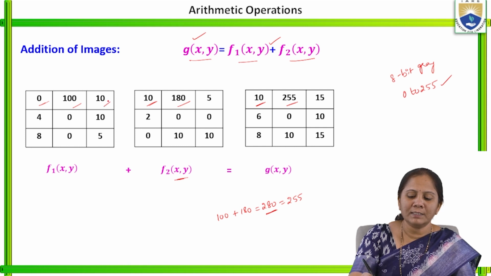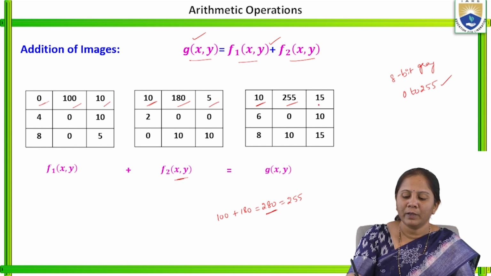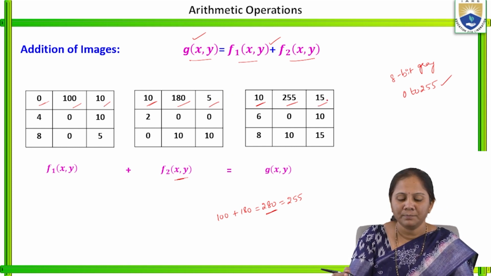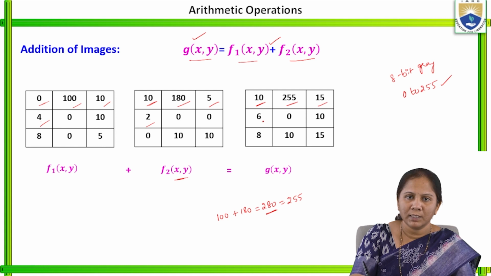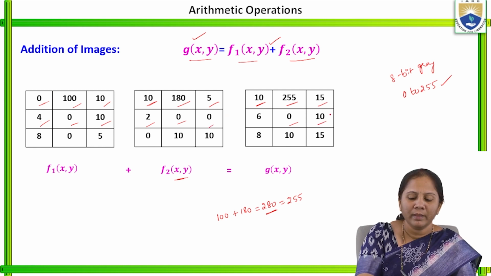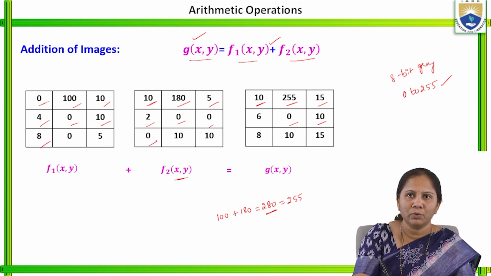The next pixel is 10 plus 5, and we get 15. The next pixel, 4 plus 2, is 6. 0 plus 0 is 0. 10 plus 0 is 10. 8 plus 0 is 8. 0 plus 10 is 10.